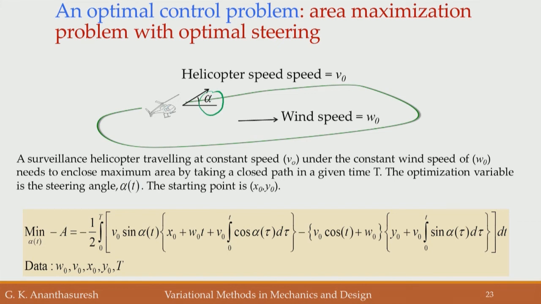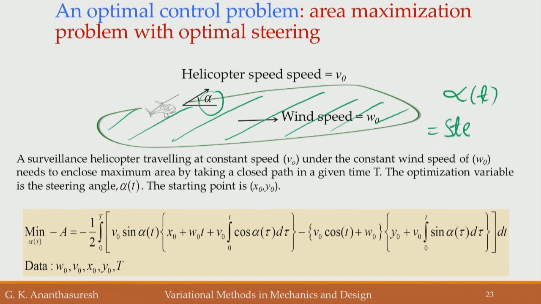For that, if you want to maximize the area enclosed by this closed curve as you are circling in air, that functional takes this unusual form. So, here the unknown is alpha as a function of t, which is the steering angle. That becomes your variable.